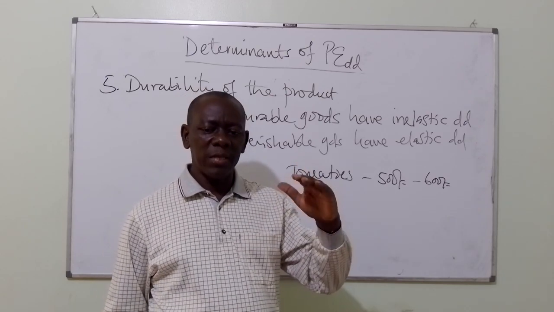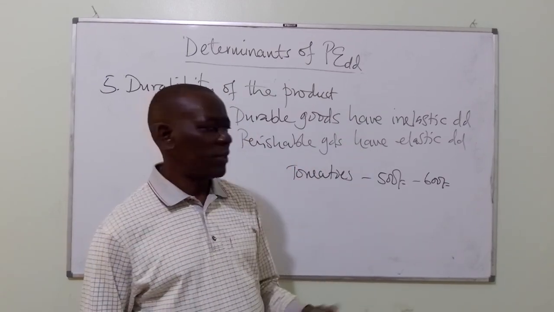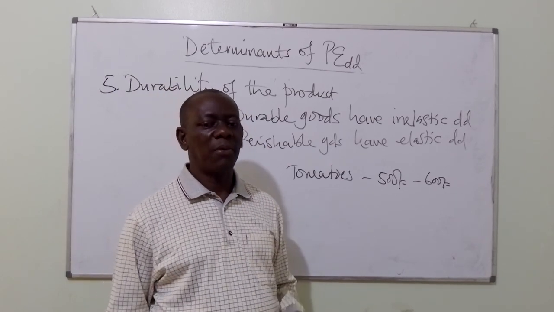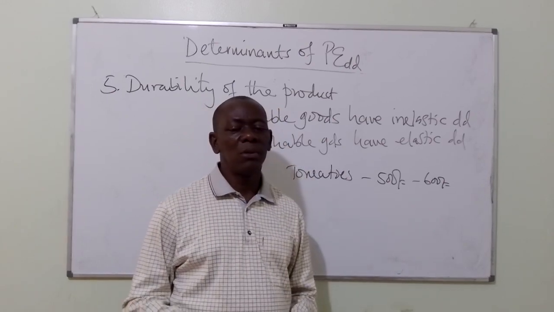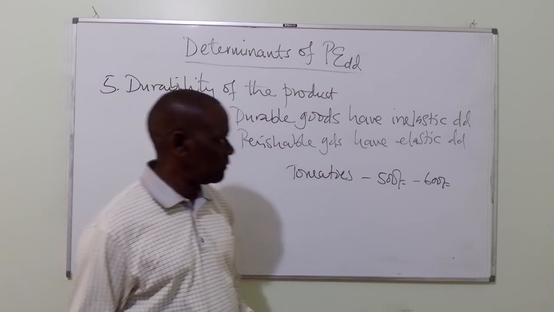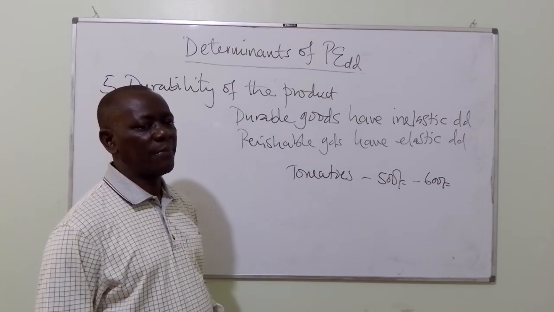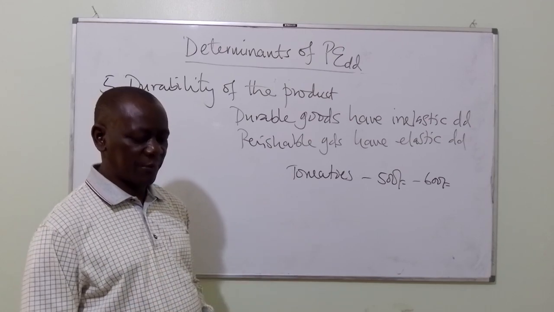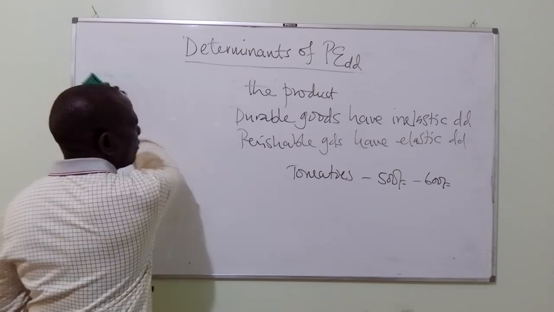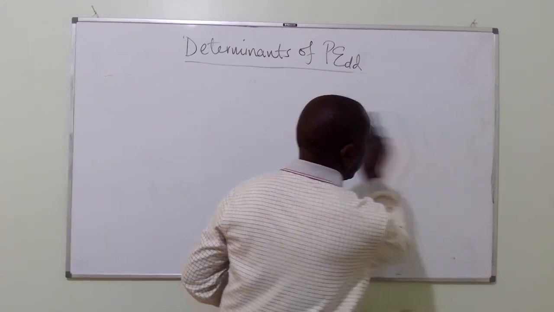If you change the price and increase it very fast, unless it is a season, like Christmas, you may not find people buying those nakatis and cabbages. Why? Because they are perishable. Nakati will not last for 3 days. So you change the price, the consumer leaves it. That's why we say you have to be very careful when you are considering these products.